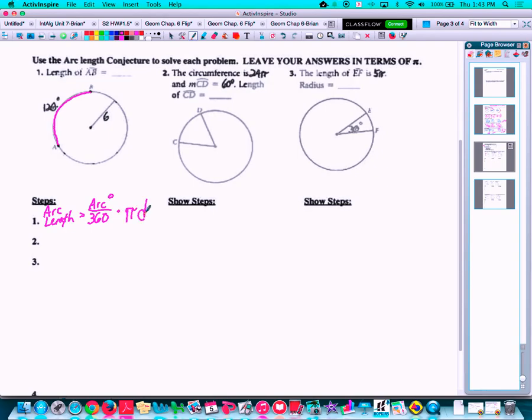Now I'm just going to do the pi d through these problems because it makes things a little bit easier to keep it just as 2 terms that we were multiplying instead of 2 times pi times radius.